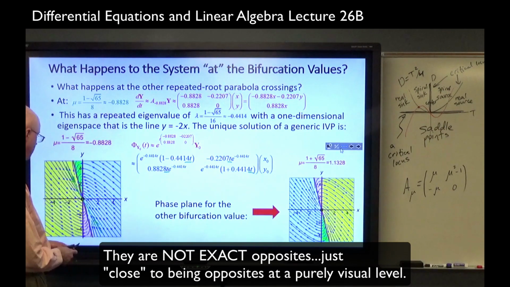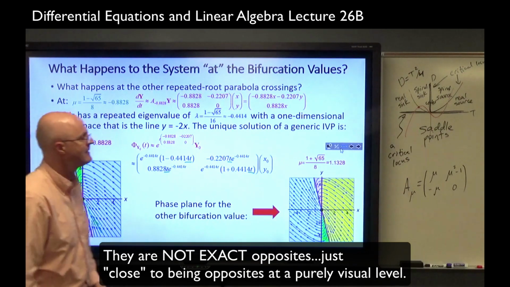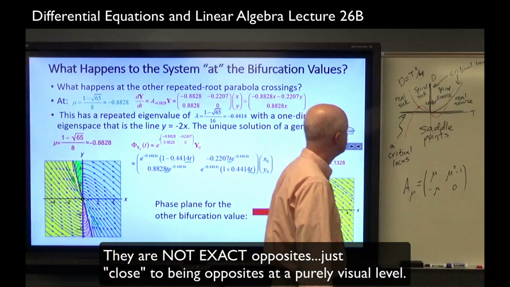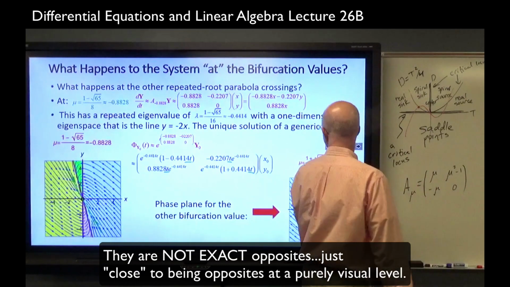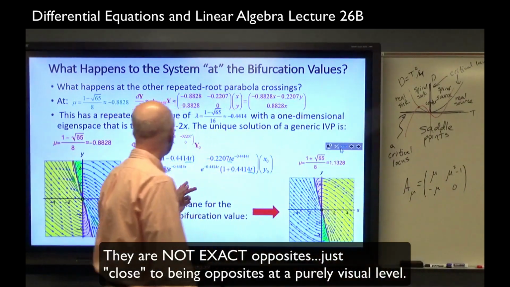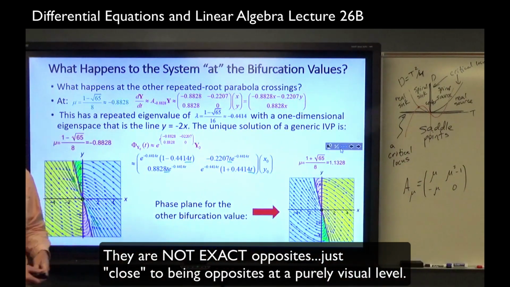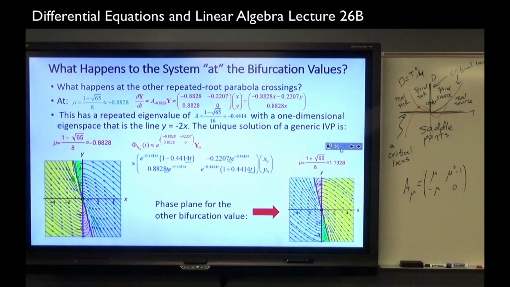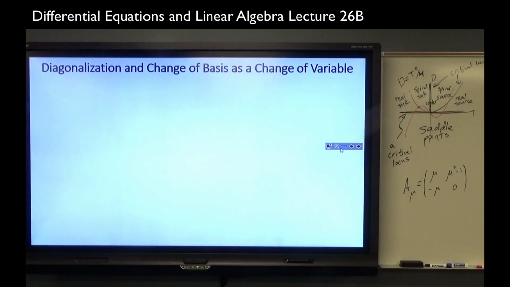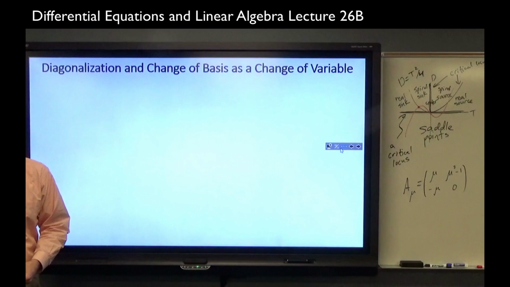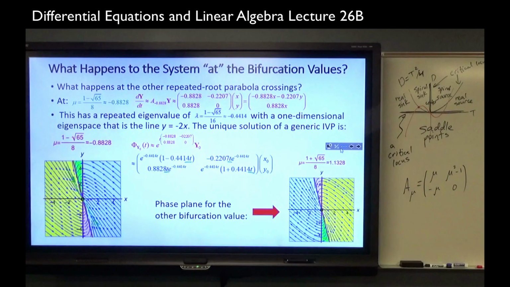You might want to double check that. Switch between mu negative 0.8828 and positive 1.1328. Okay? Let's look at Mathematica, and then that will be the end of lecture B.